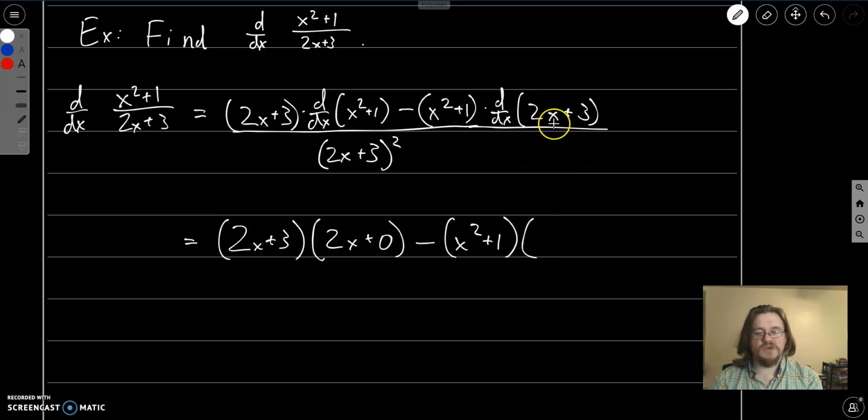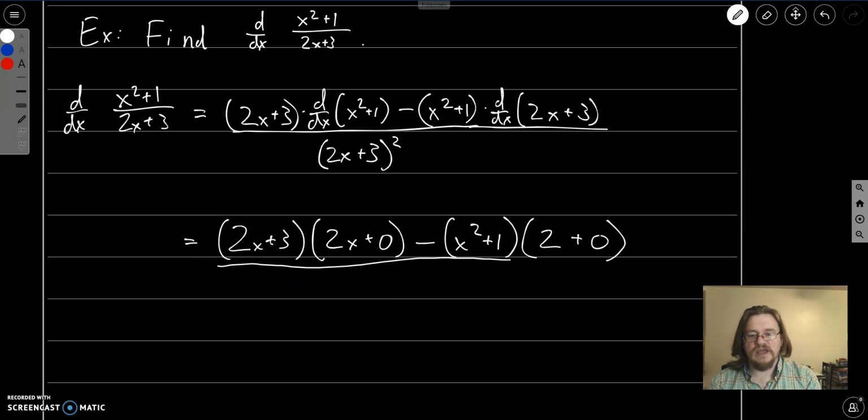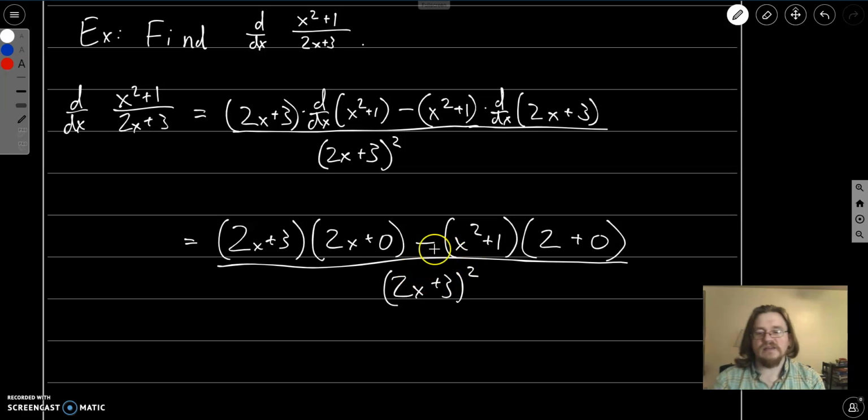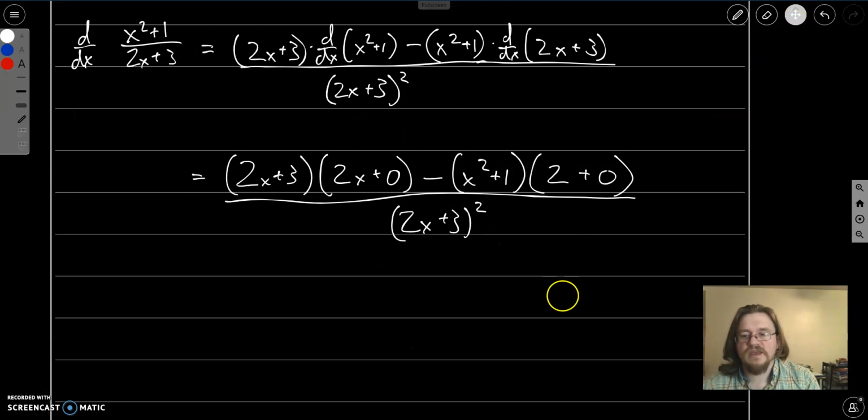The derivative of 2x is going to be 2 times the derivative of x, which is 1. So derivative of 2x is just 2. And the derivative of 3, which is a constant, is just going to be 0. And down here, I'm going to leave this as 2x plus 3 squared. I think it's a little bit nicer in the long run.